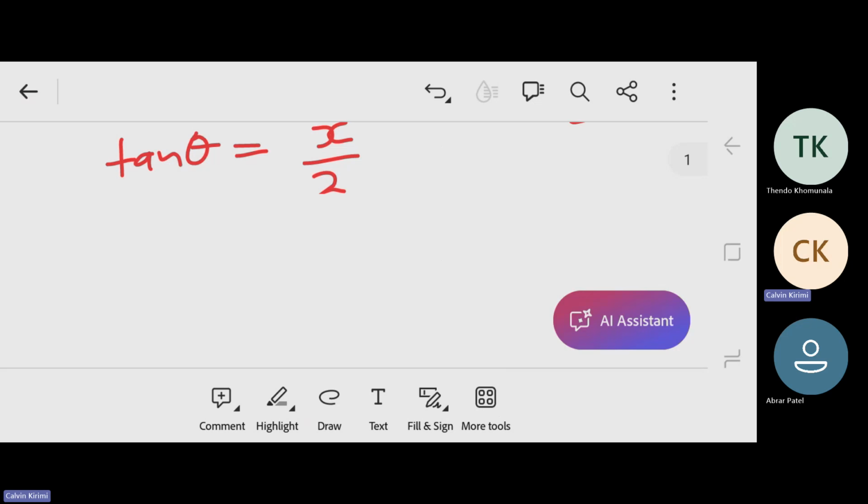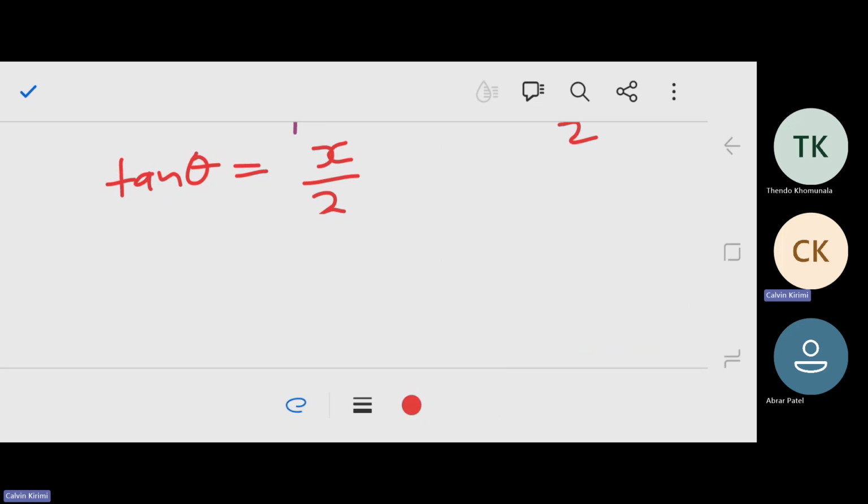So now it's a matter of substituting. We have our equation, x is equal to A over B. Our A was 2 over B, 1, which means just 2 times tan theta.